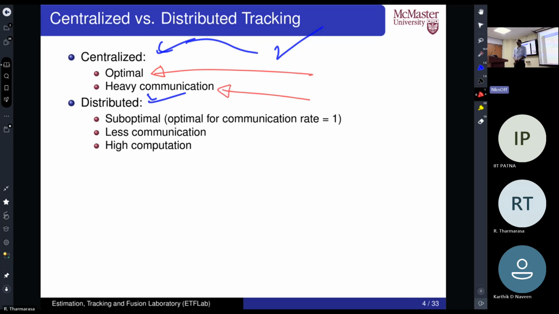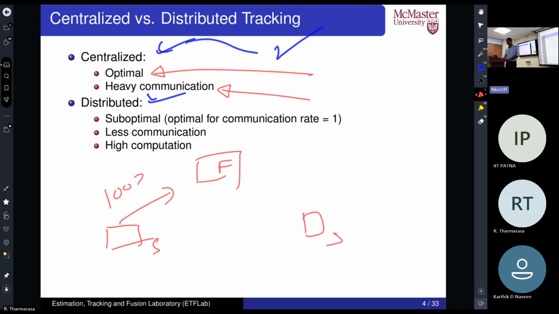If you have a sensor here and a sensor here, I think you guys are working on sonar, right? The communication bandwidth is limited. If the fusion is here, you may need to send 100 Z values. But instead of sending hundreds of Z values, you can send two tracks or one track. That way you can reduce the communication load.